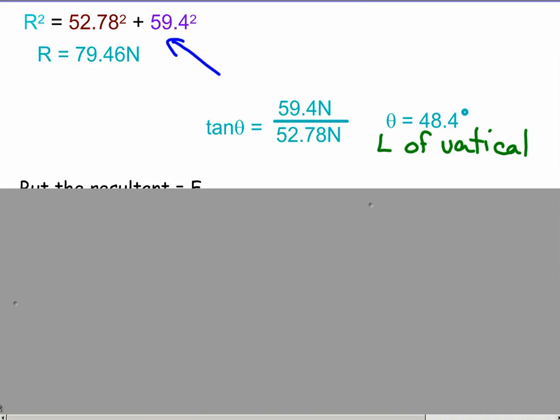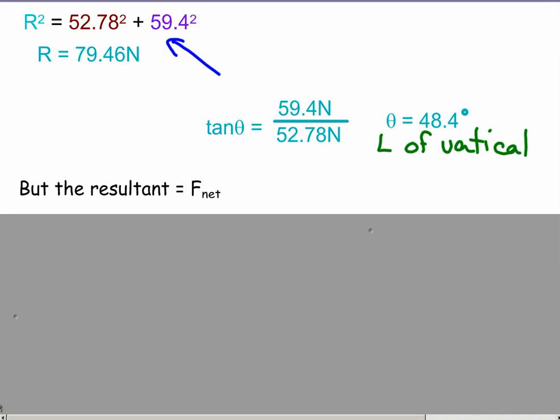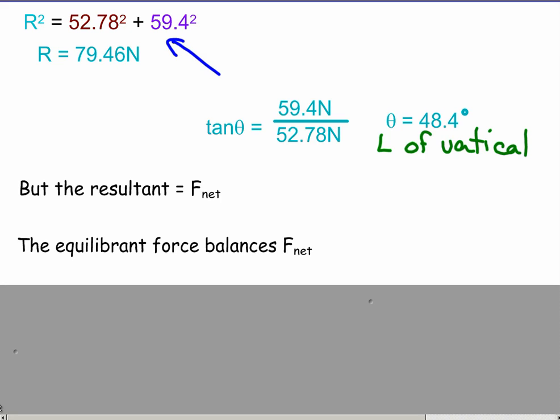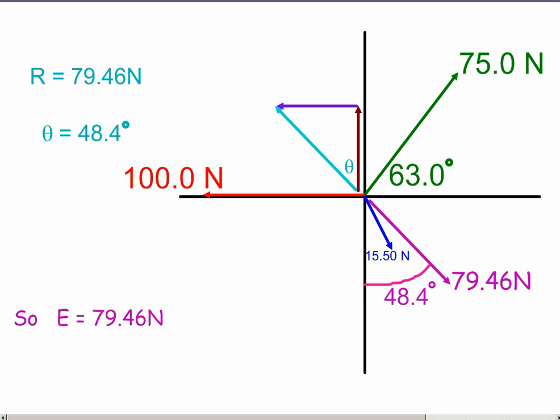I said before that our resultant is the net force, and our equilibrant balances the net force. So we need to find the equilibrant. So if this angle here is 48.4 degrees to the left of vertical, then the angle of our equilibrant is down here to the right of vertical in the fourth quadrant.